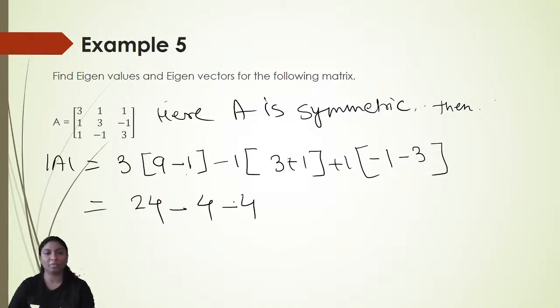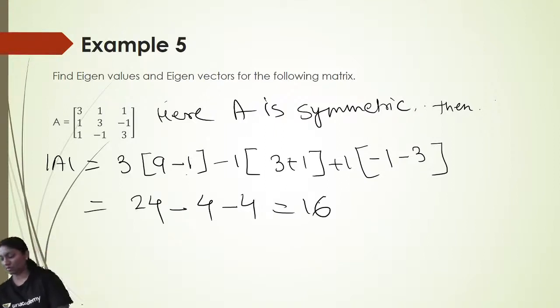So 24 minus 4 minus 4, you will get 16. So the determinant of A is equal to 16.